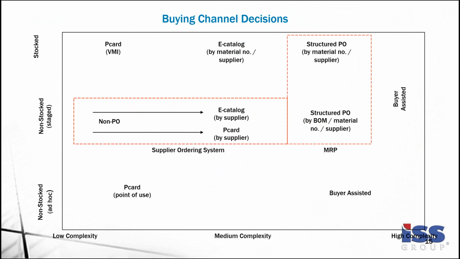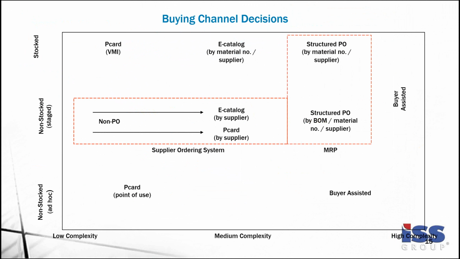So the low complexity really lends itself to a P card, or in the non-stock stage, it's a non-PO, meaning you've already identified you're going to need it. The vendors agreed to supply it. You have it staged nearby, and you don't even need a PO. You need to get it quickly, and you get an invoice and you pay it.